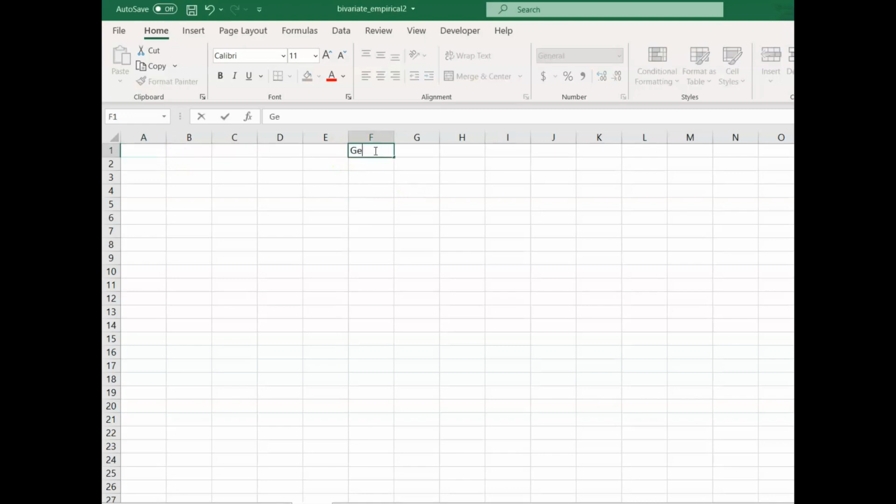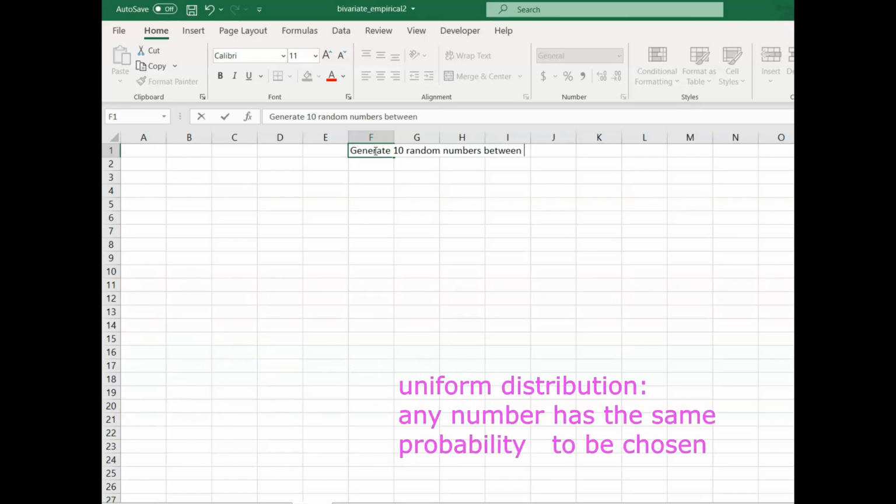For the random number, we are going to generate some. Let's generate 20. I'm going to modify this 10 as 20. Let's generate 20 random numbers between 0 and 1. So this is so-called uniform distributed.